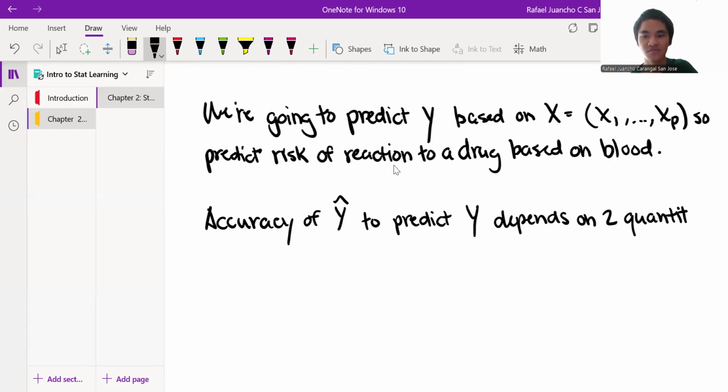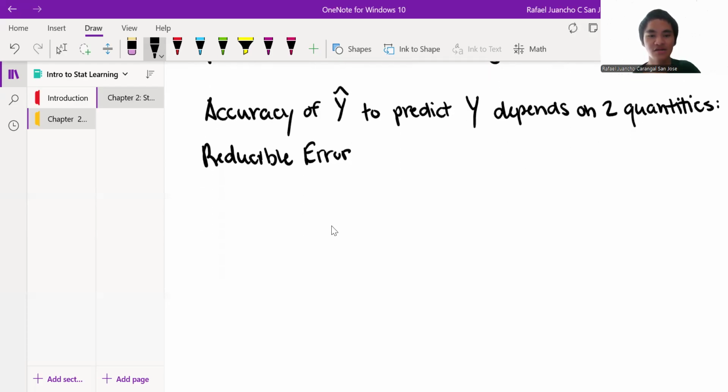The idea for predicting is we want to quantify two things, which are reducible error, which I'm assuming is the error we can reduce, and irreducible error. This is the error that we cannot reduce.